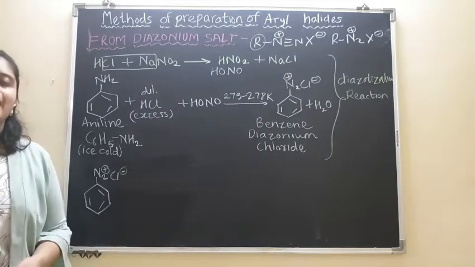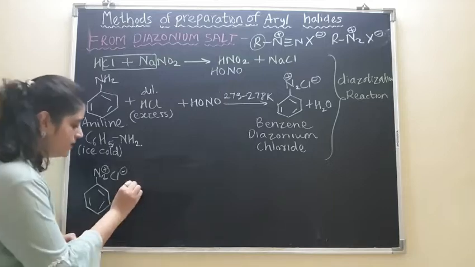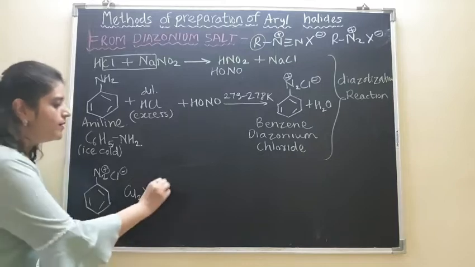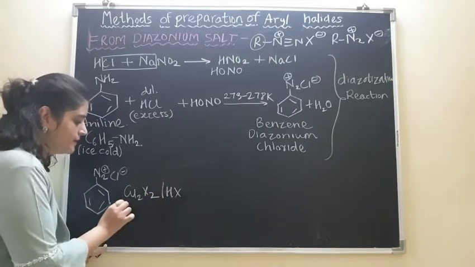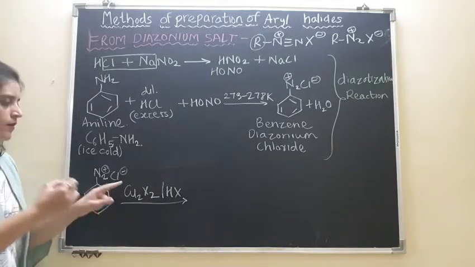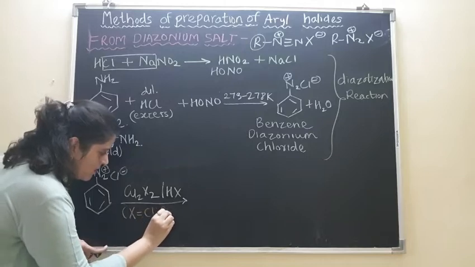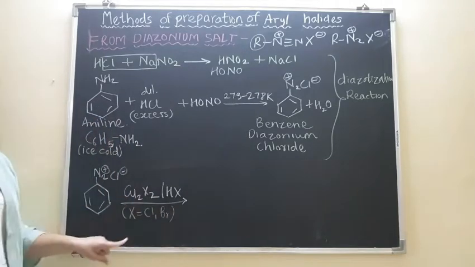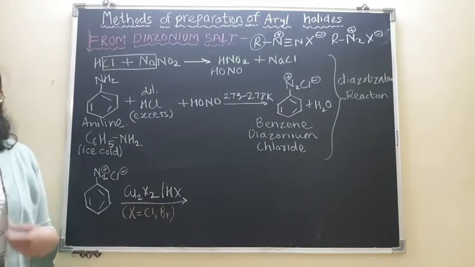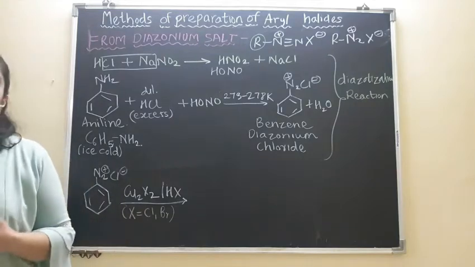This is our benzene diazonium chloride, which will react with cuprous halide, which is Cu2X2, in the presence of HX. Here X can be chlorine or bromine. So basically we can prepare chlorobenzene or bromobenzene by this reaction.